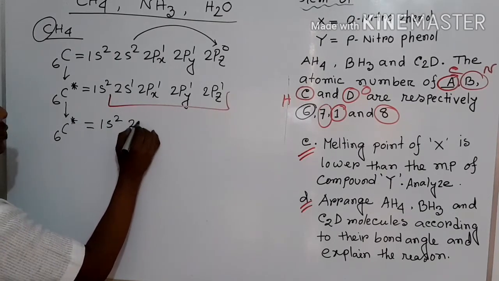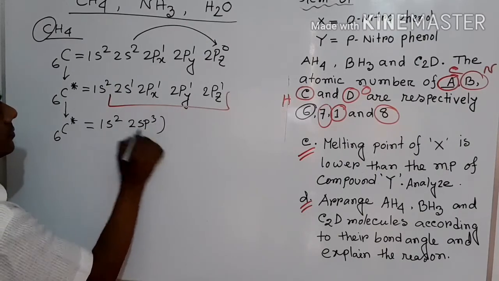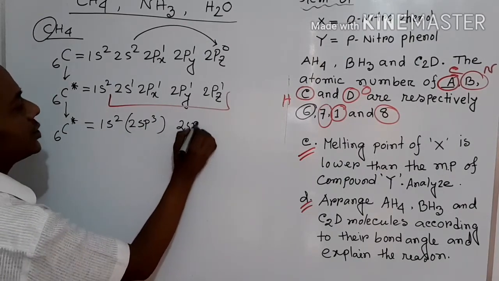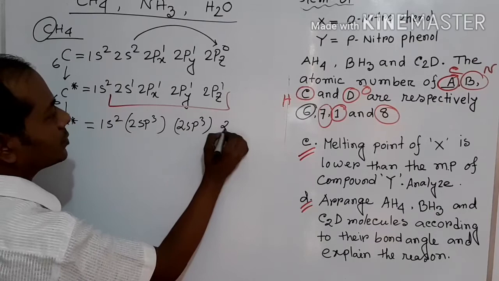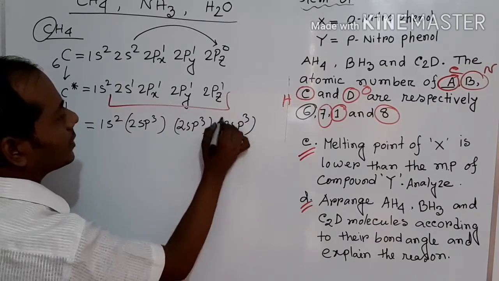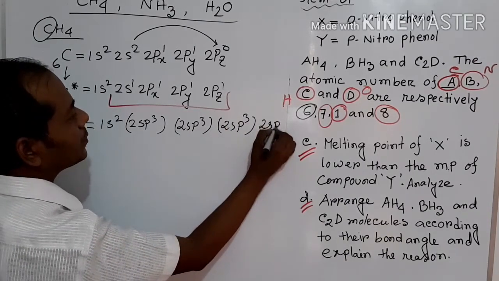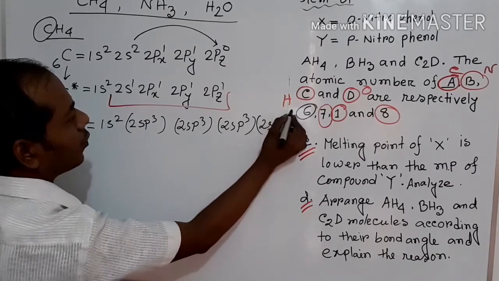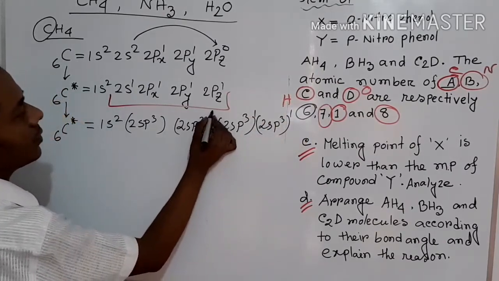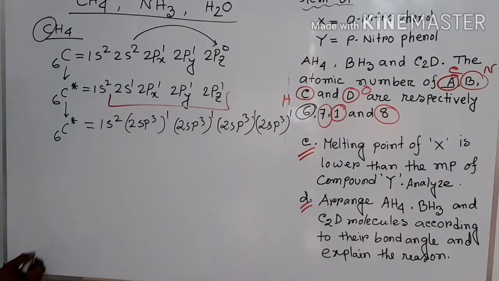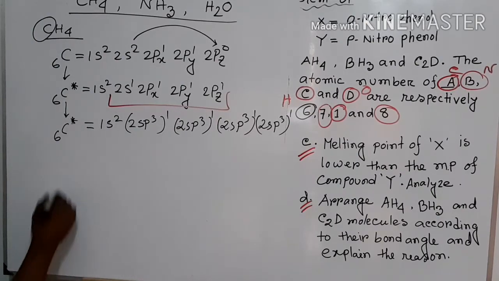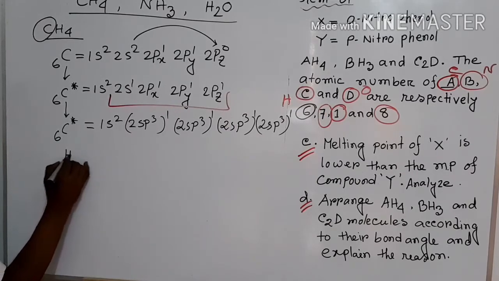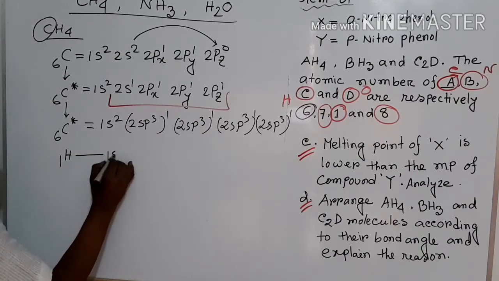1s2, 2sp3, 2sp3, 2sp3, 2sp3, each with one electron. Now each sp3 hybrid orbital overlaps with the 1s1 orbital of hydrogen.